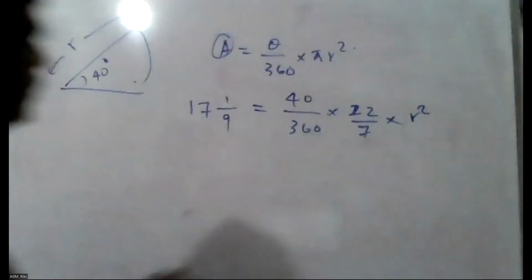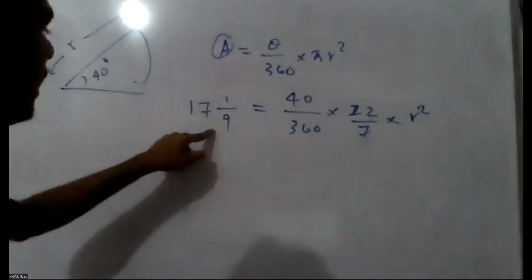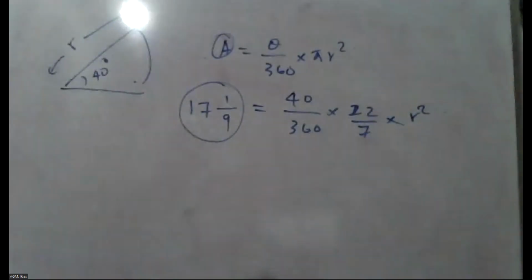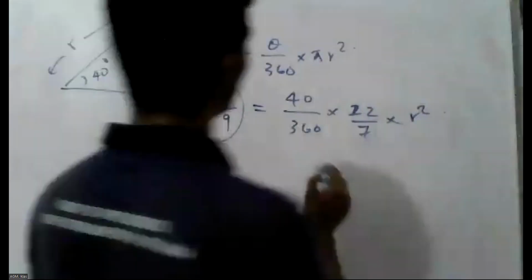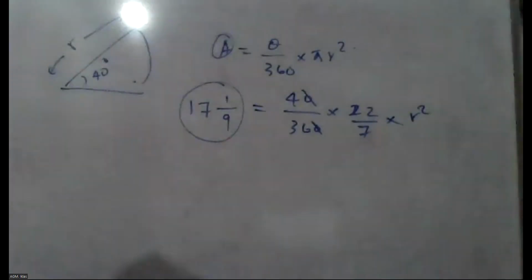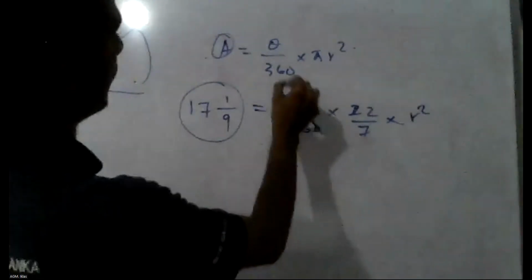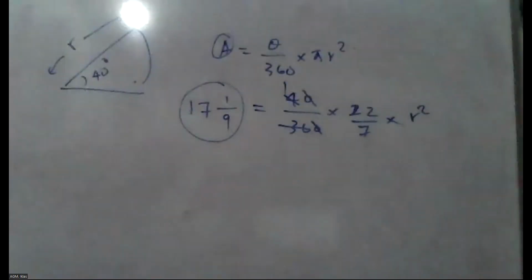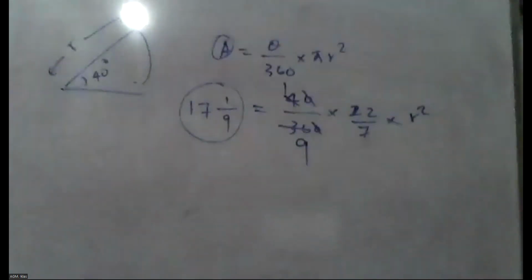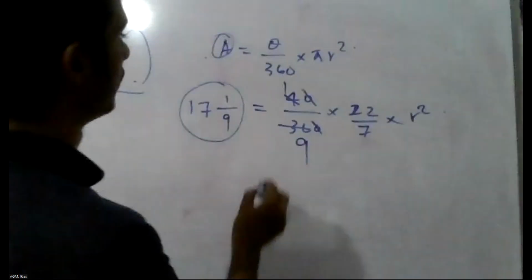square. Now, here I have a mixed fraction. So I need to convert it into an improper fraction. Before that, I can simplify this as well. So 1 by 6, 1 by 9.